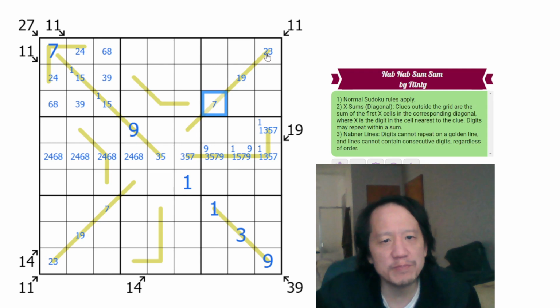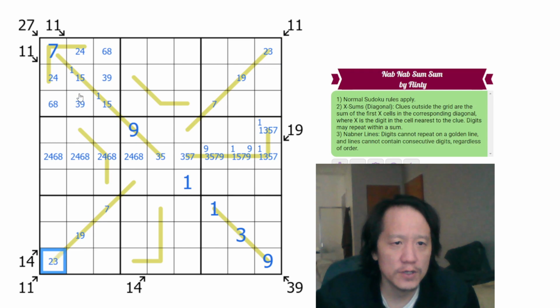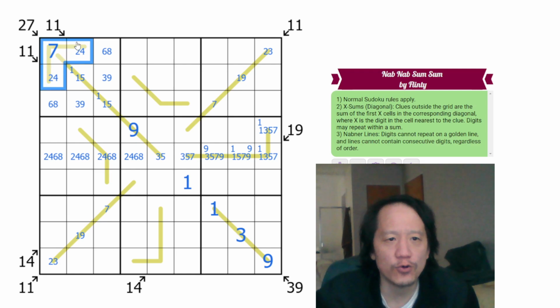It cannot be both 2. If it's both 2, obviously then neither of these can be 2, and therefore it'd be 4 and 4, which is an impossibility. So at least one of them has to be a 3, which means it has to be 3, 1, and 7 in one of the cases.